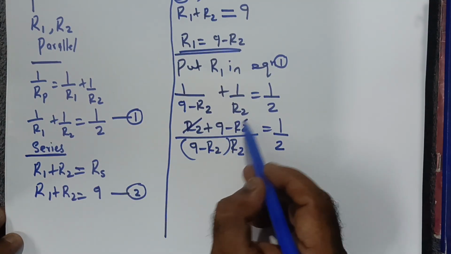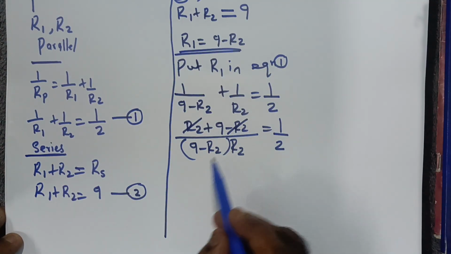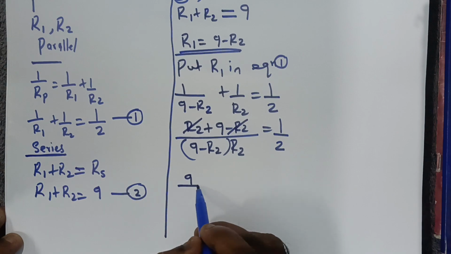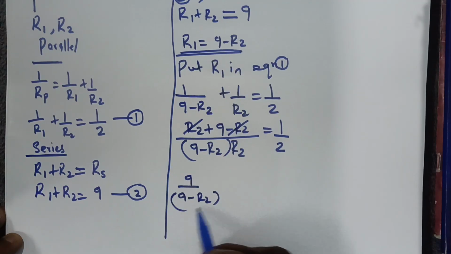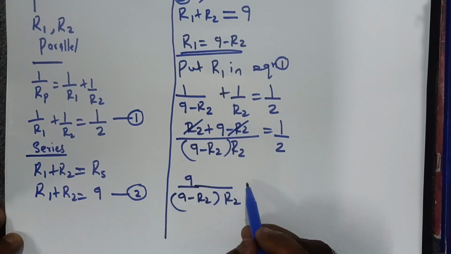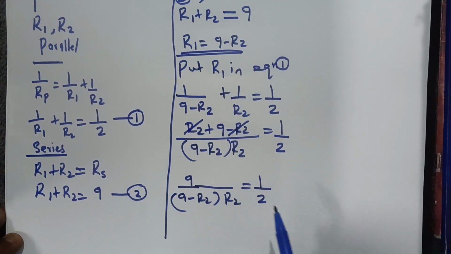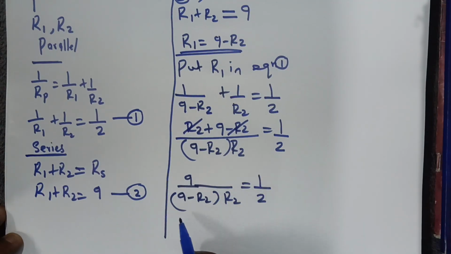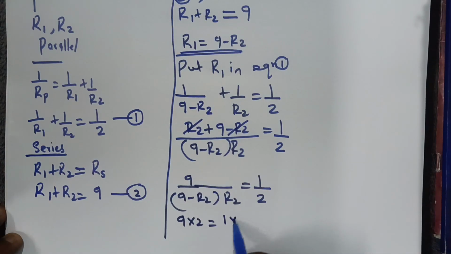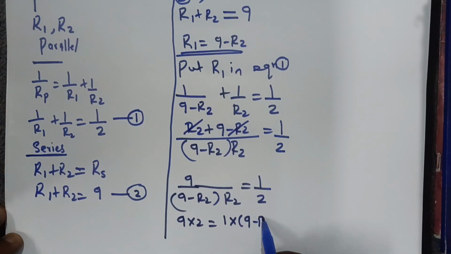Plus R2 and minus R2, we can cancel here. So the answer is 9 by 9 minus R2 into R2 equal to 1 by 2. Cross multiplication. 9 into 2 equal to 1 into 9 minus R2 into R2.